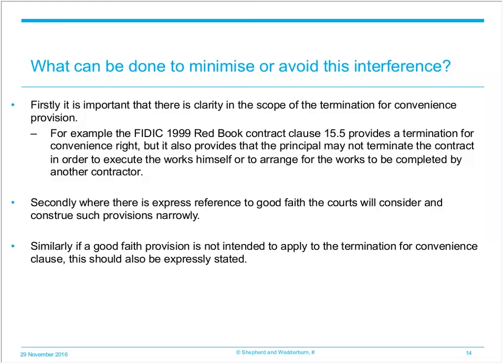So the FIDIC 1999 Red Book, Contract Clause 15.5, for example, provides a termination for convenience clause, but it also provides that the principal may not terminate the contract in order to execute the works himself or to arrange for those works to be completed by another contractor.